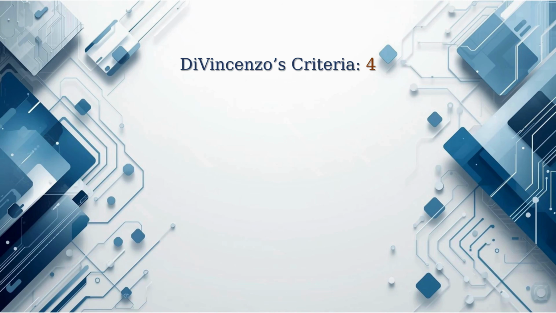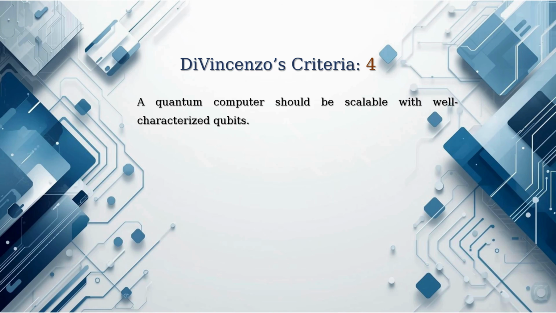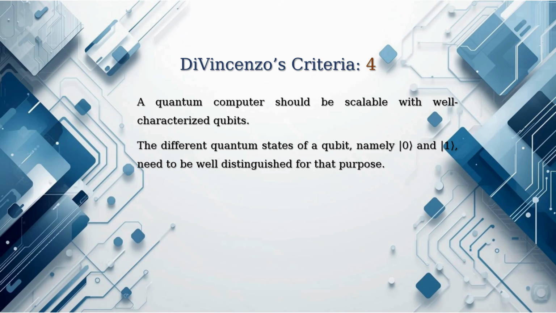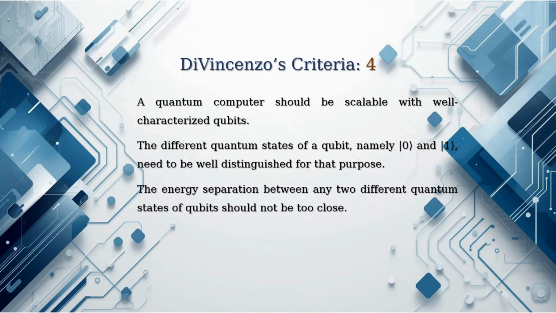The fourth criteria is that a quantum computer should be scalable with well-characterized qubits. The different quantum states of a qubit, namely Ket0 and Ket1, need to be well distinguished for that purpose. The energy separation between any two different quantum states of qubits should not be too close.